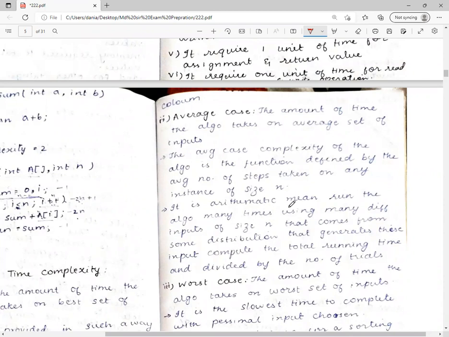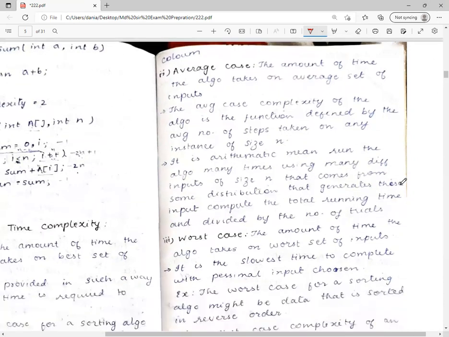The average case complexity of the algorithm is the function defined by the average number of steps taken on any instance of size n.